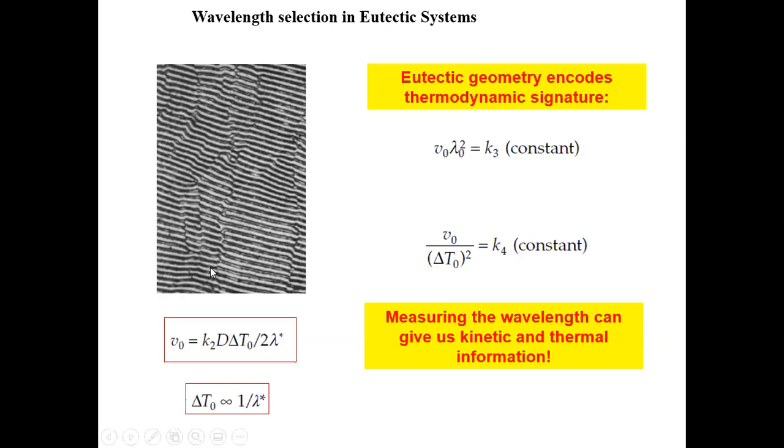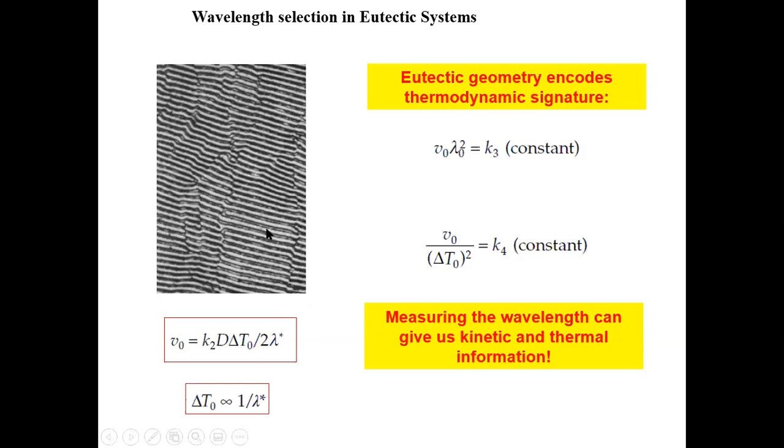That is another example where you have this geometrical imprint encoding a thermodynamic signature, which means that by measuring the wavelengths, you have a clearly well-defined lambda between the black and white stripes. If you can measure the wavelengths in this image, which I didn't give you a length bar, but I think the overall length scale is probably 400 microns.